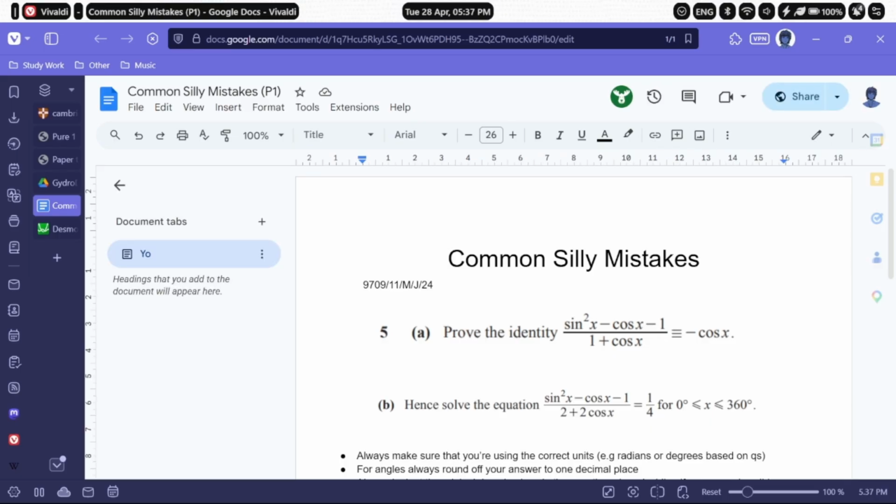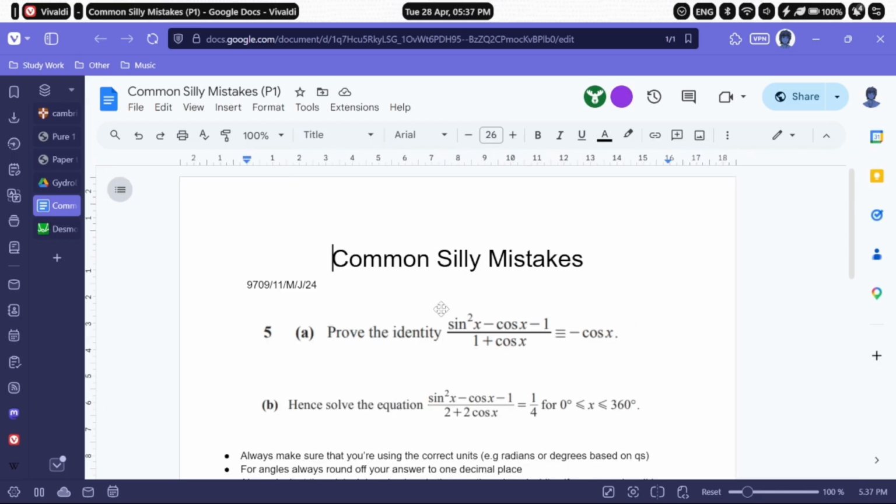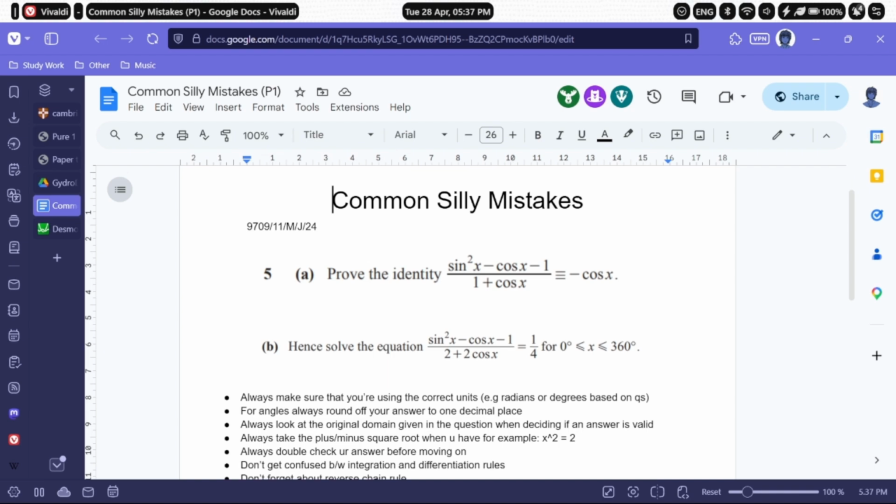I'll just start with this one over here, this trig identity. You could be asked to prove a specific trig identity. For example, in this case, you have sin squared x minus cos x minus 1 over 1 plus cos x. You would rearrange it and prove that it's equal to minus cos x. Pretty straightforward. Now, what I have seen is that most people tend to just ignore the question.